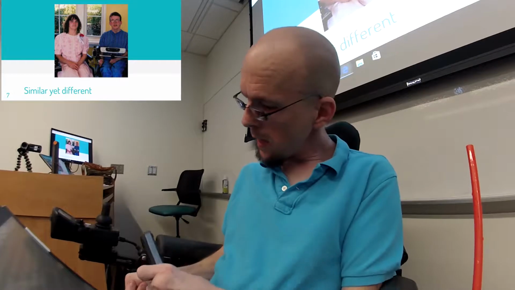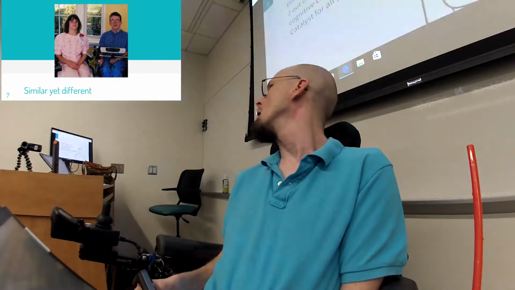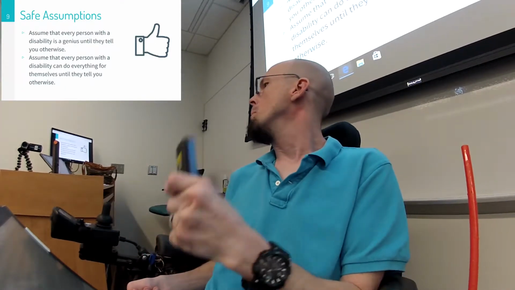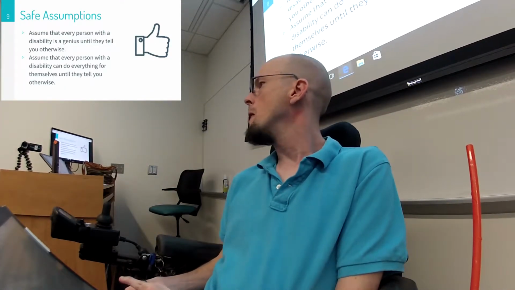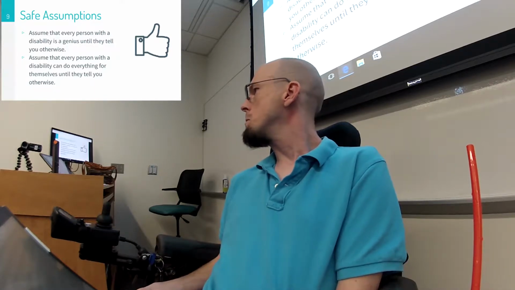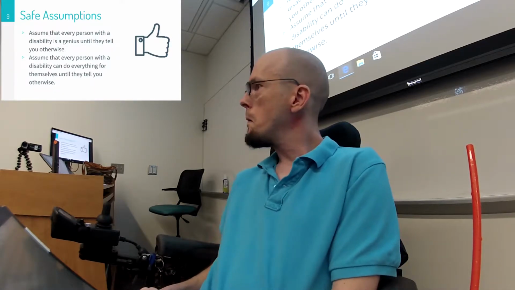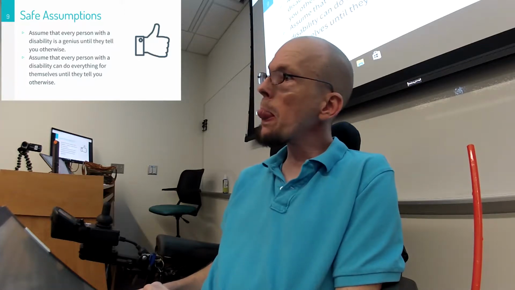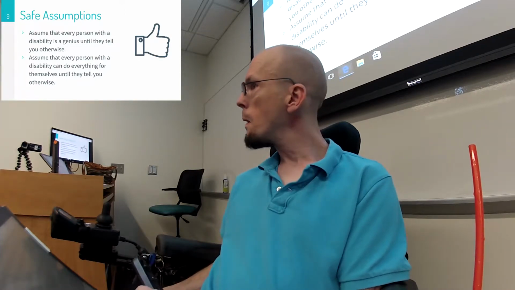So I try to tell every student who will be in contact with the population of people with disabilities 2 basic rules that will keep them out of that kind of trouble. Assume that every person with a disability is a genius until they tell you otherwise. Assume that every person with a disability can do everything for themselves until they tell you otherwise.